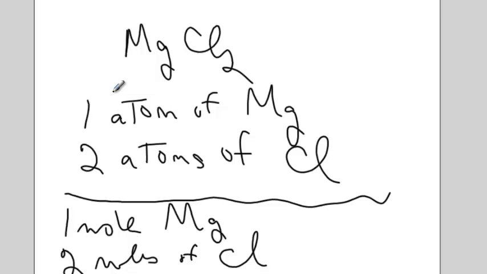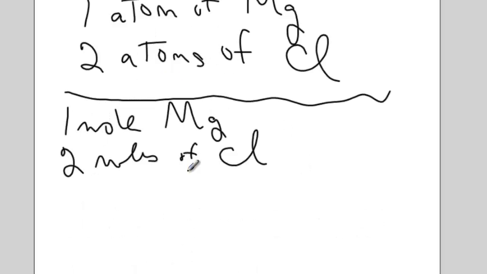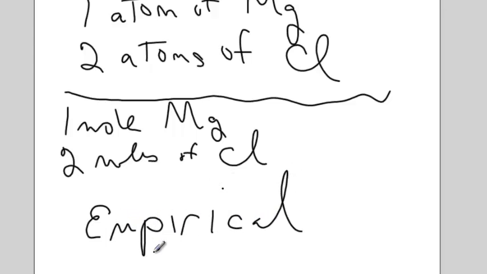You have lots and lots and lots of that, but that's the lowest ratio. Ionic formulas, ionic compounds, remember, always have lowest ratio. The lowest ratio formula is called the empirical formula.